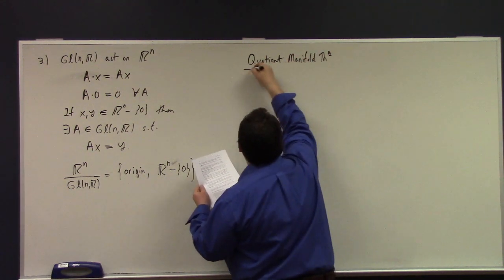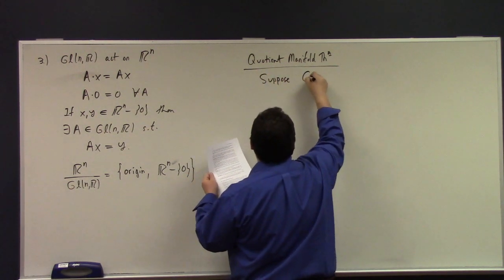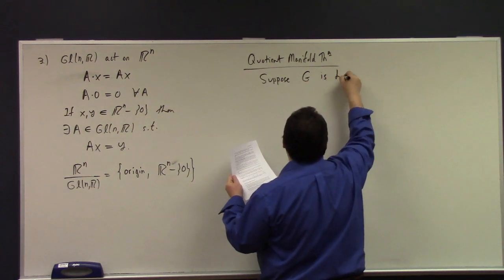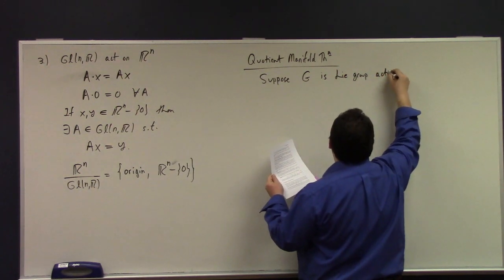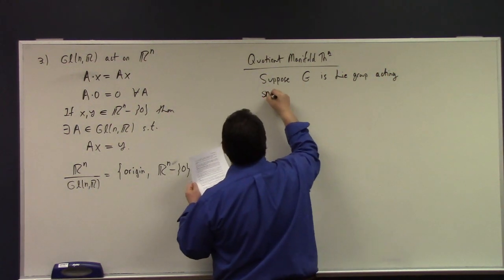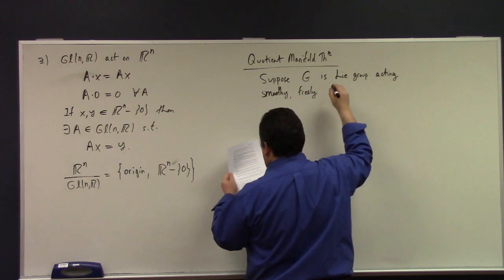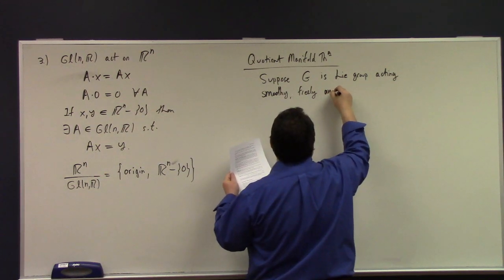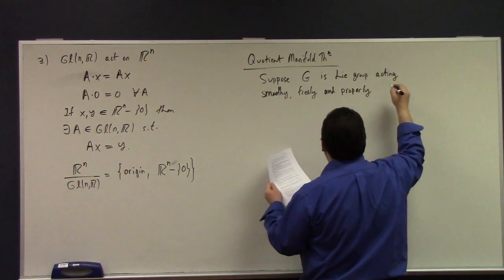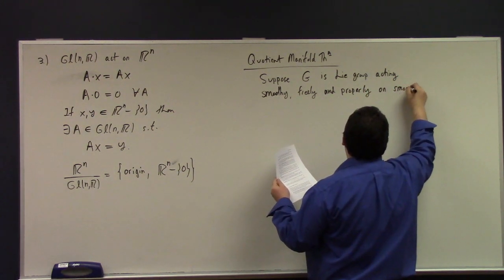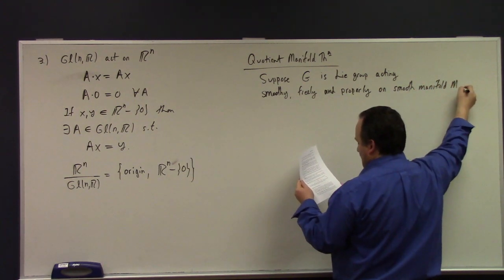The quotient manifold theorem says that suppose G is a Lie group acting smoothly, freely, and properly on a smooth manifold M.